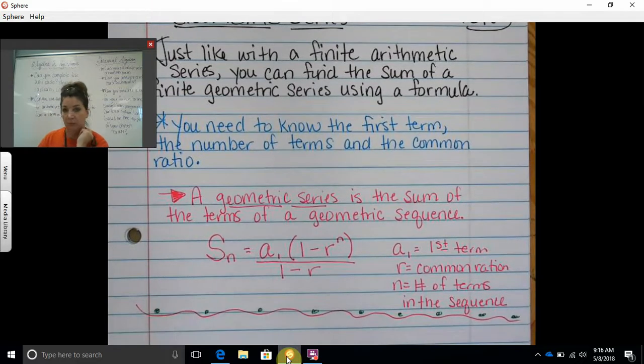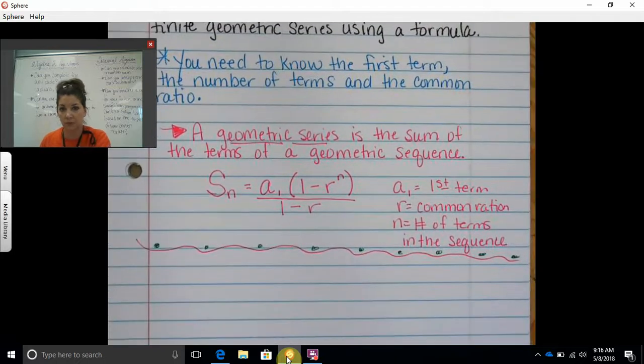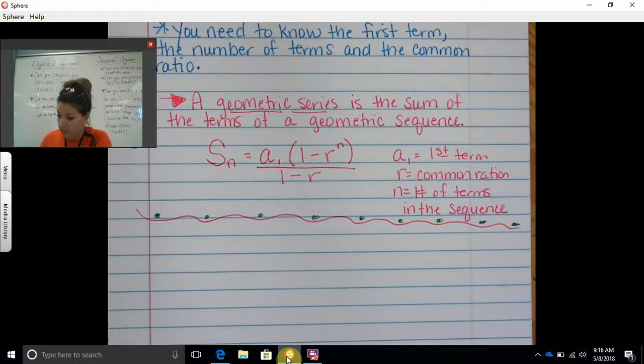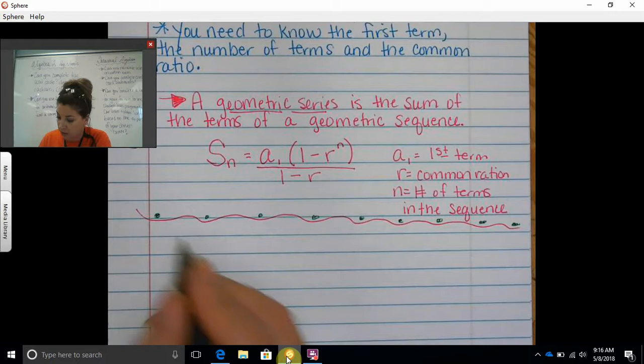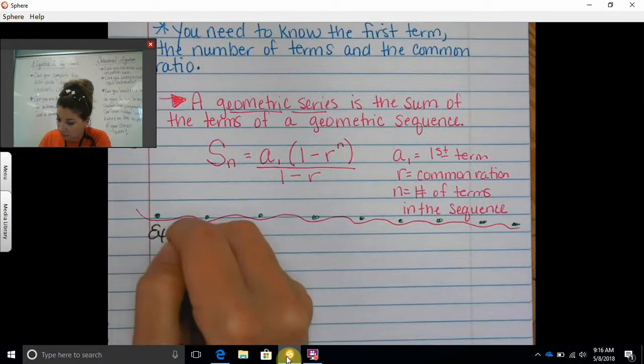All right, let's look at an example. Am I going too fast? Y'all caught up? All right, so first example, what is the sum of the series?